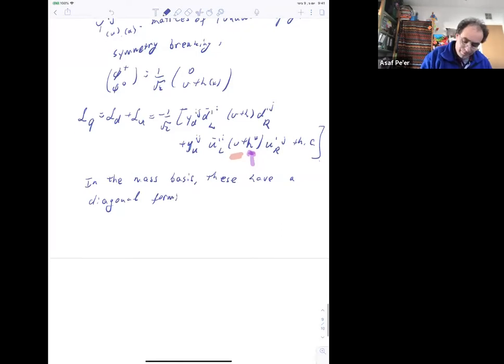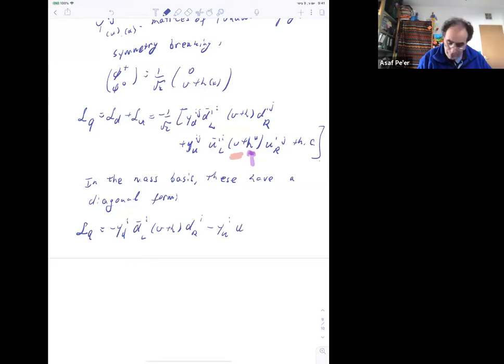L quark is just minus y d I d bar I L v plus h d r I minus y u I u bar I L v plus h star u r I.